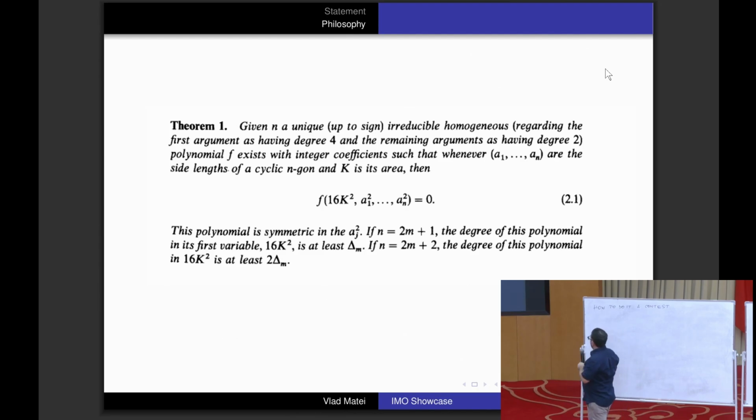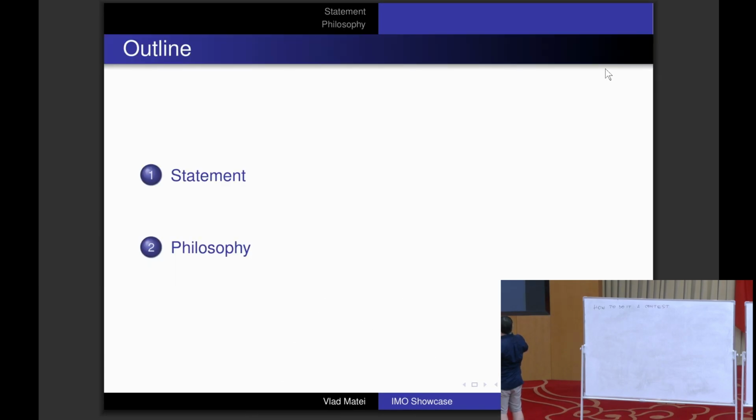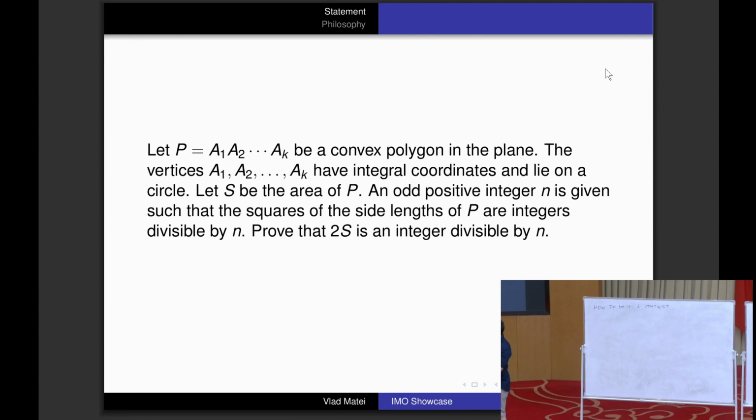So what do we know? Let me switch to the problem now because it's enough about polynomials and so on. Let me go to the statement again.